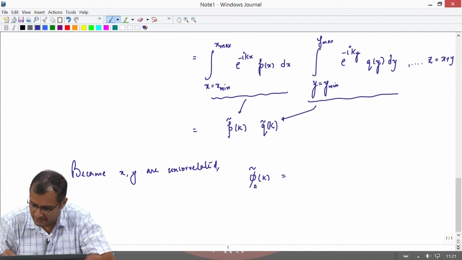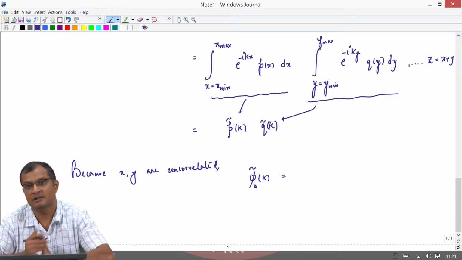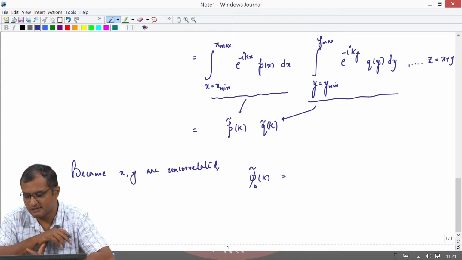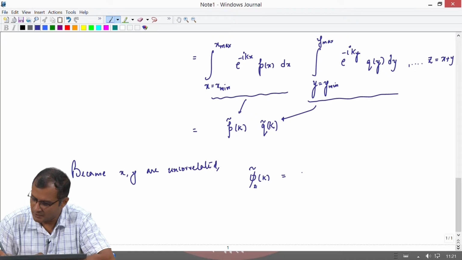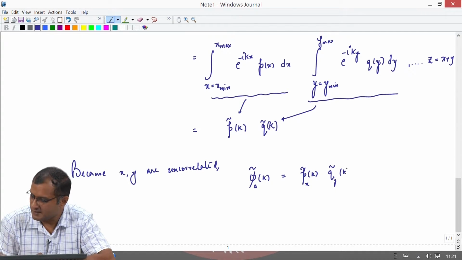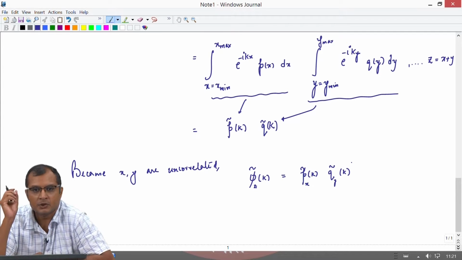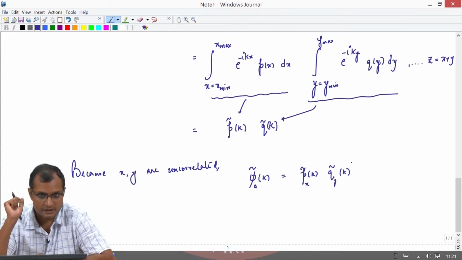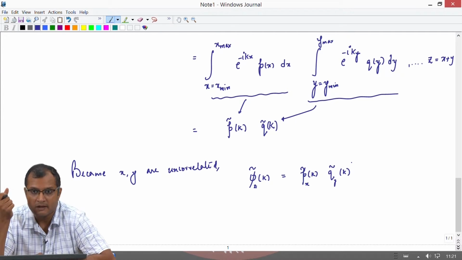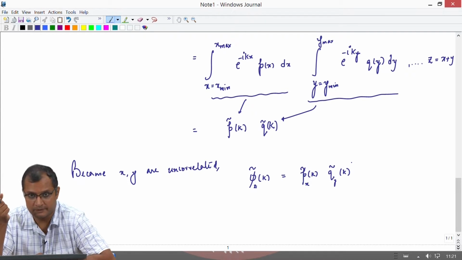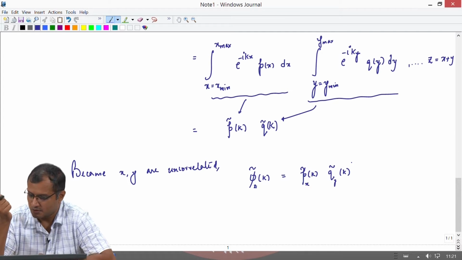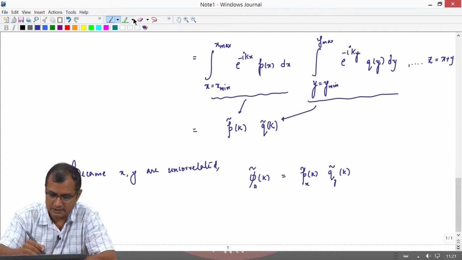I will put a subscript here as z, it tells you that this is a characteristic function of the z distribution. This came out to be a simple product of the individual characteristic functions. The subscripts x, y and z are only there to alert you that they were the characteristic functions of the respective random variable distributions.